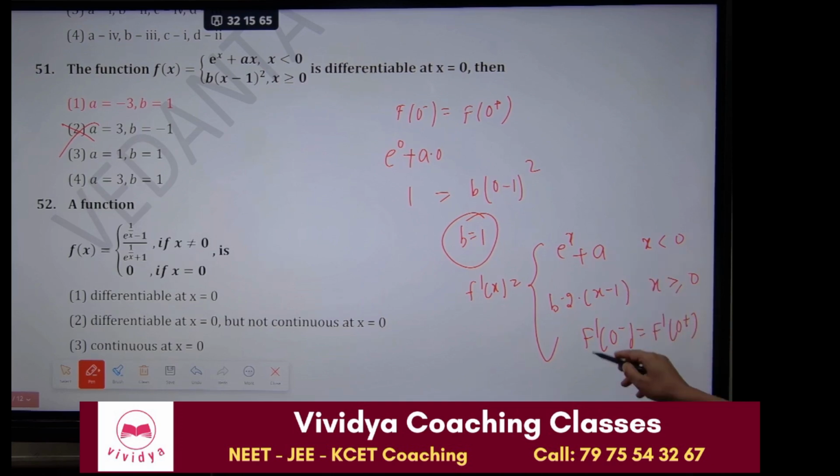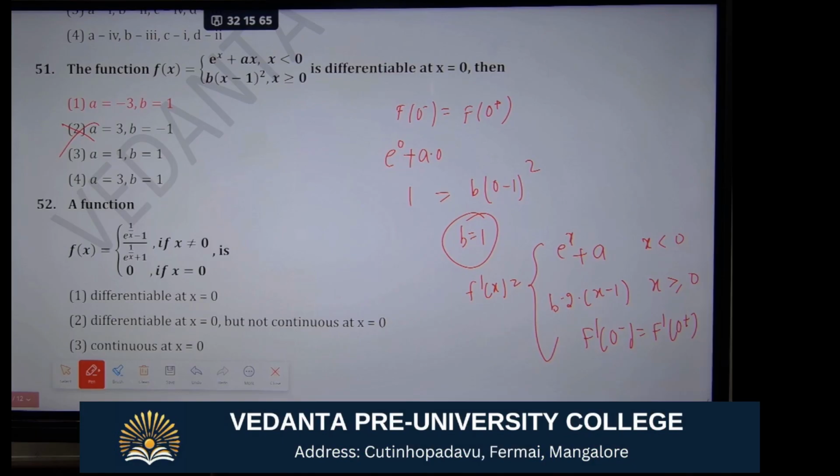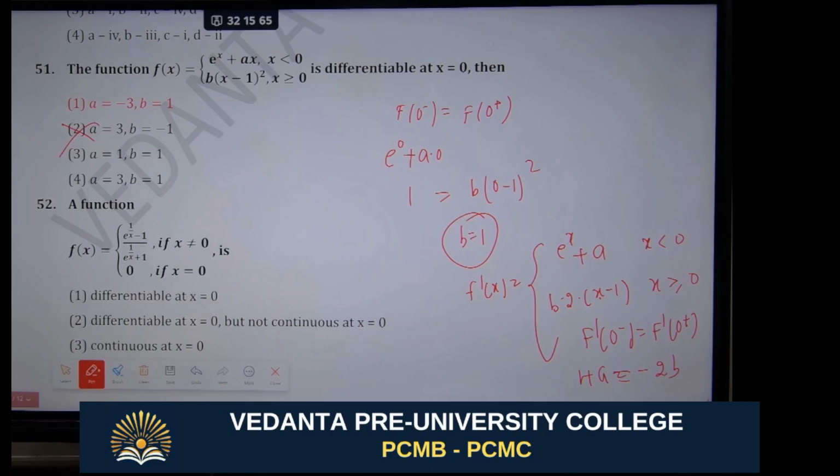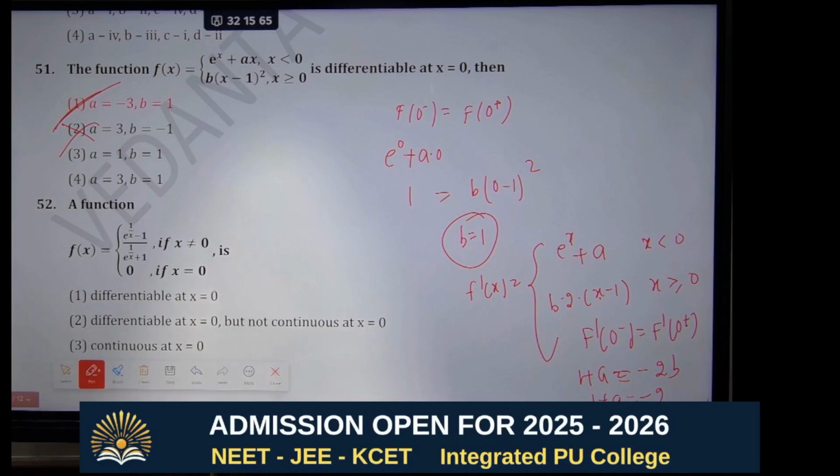So now put x is 0, e to the power 0 is 1, so 1 plus a. Put 0 here, so this is 0 minus 1, so minus 2b. So 1 plus a will be minus 2b. B we already found as 1. Put it here. So 1 plus a is equal to minus 2. So what is a? a will be minus 3. So this has 1 as the answer.